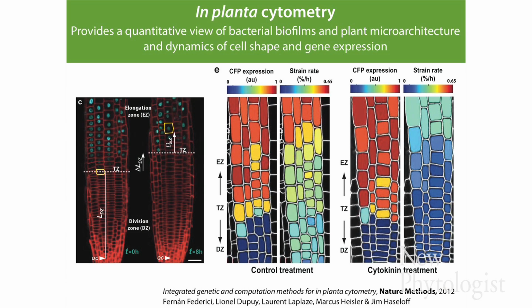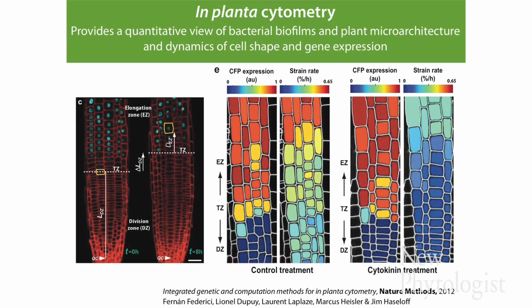And so you can generate these cartoon-like views of plant tissues using this combination of robust segmentation and ratiometric imaging to give quantitative views of not just gene expression at any one point, but also differentials. So if you're looking at a process that changes over time, you can see things which are not evident by eye, of course. So here we've got, for example, strain rates.